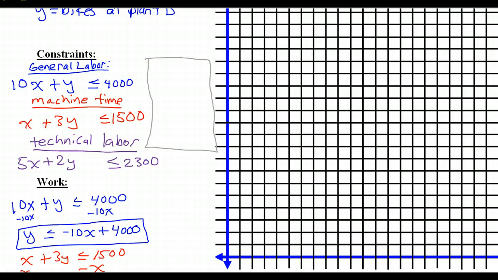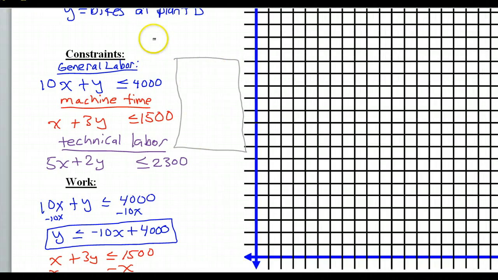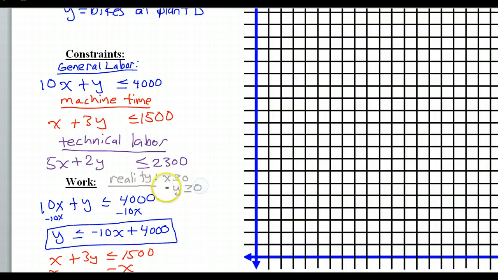Reality. Don't forget your reality constraints. X has to be greater than or equal to 0, and y has to be greater than or equal to 0. That just puts us in the first quadrant, but please list that among your constraints. Do not forget your reality constraints.